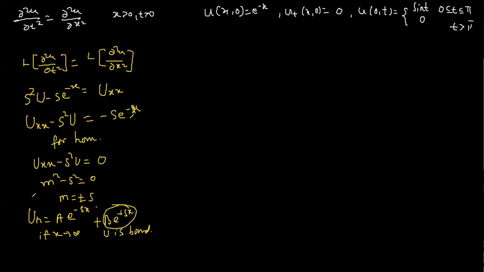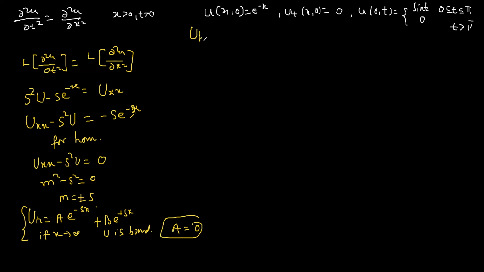Positive part. If this part is 0, then a becomes 0. Always remember this point. Every time use this method, right? X is equal to infinity, a is 0. Okay.